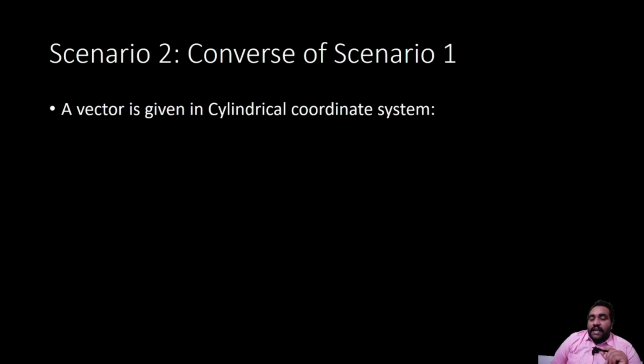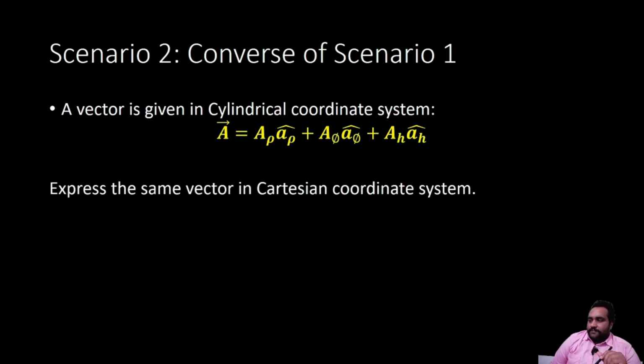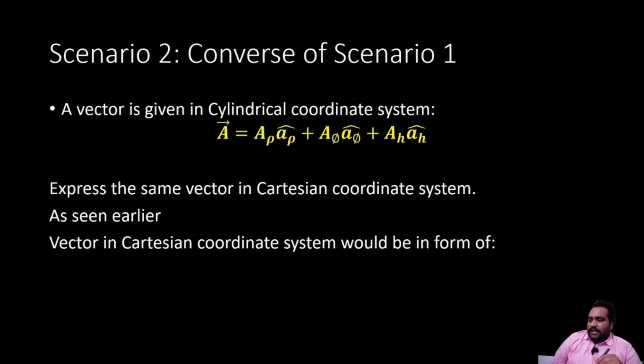That is, now a rho, a phi, and ah are already known to you. You should be determining ax, ay, and az. This is the vector which will be given to you in cylindrical coordinates. As seen earlier, the vector in the Cartesian coordinate system would be in this form.